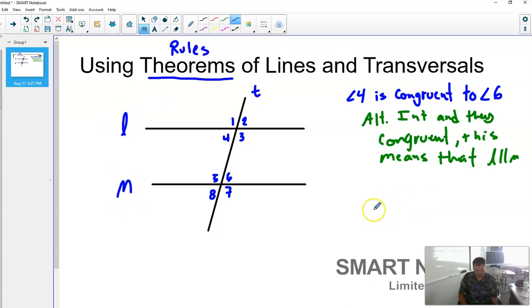Okay? So let me pose this. If I told you the following information, would it be enough to show that L and M are parallel? So if I said angle 2 is congruent to angle 8, is that enough information?